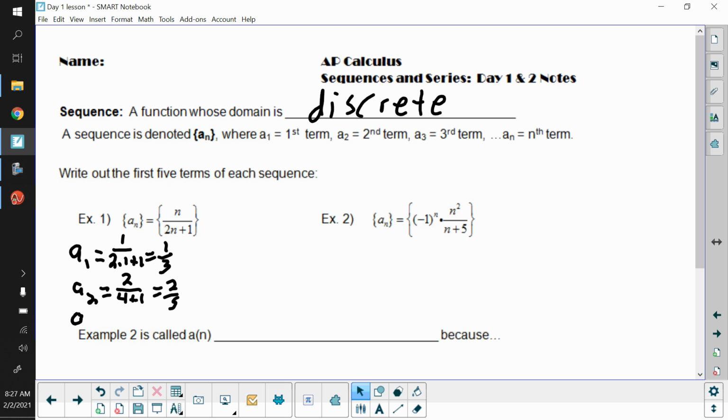For a3, we'll put in 3 for all the n's. So we're going to have 3 on top. 2 times 3 is 6, plus 1 is 7. And if we keep going, 4 in the numerator, 2 times 4 plus 1 is 8. 2 times 4 is 8, plus 1 is 9. And then we'll have 5 over 11.